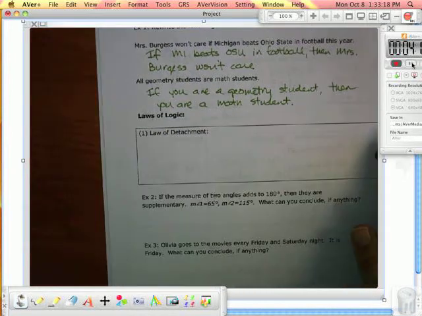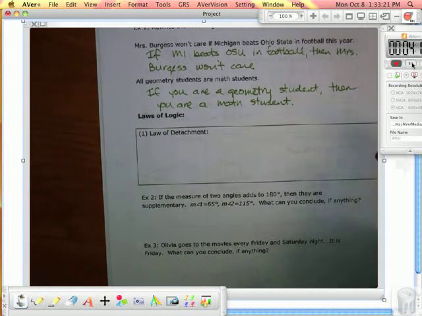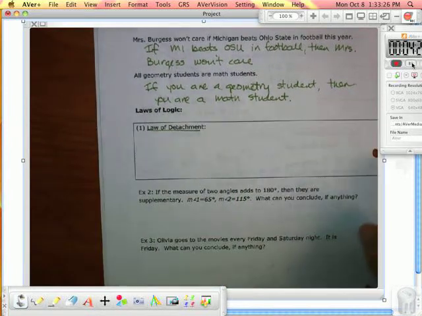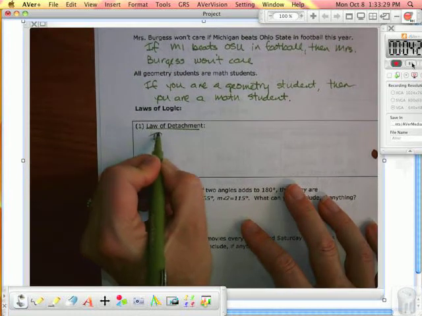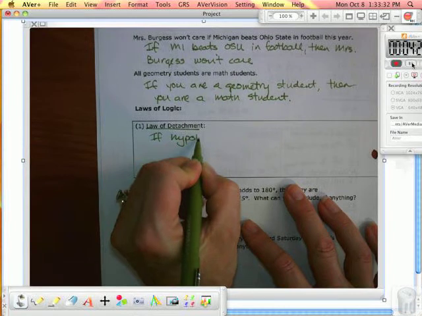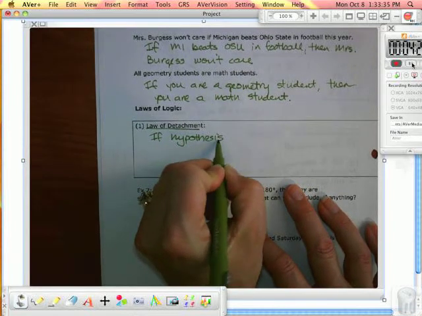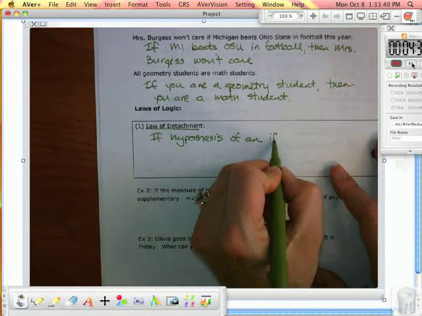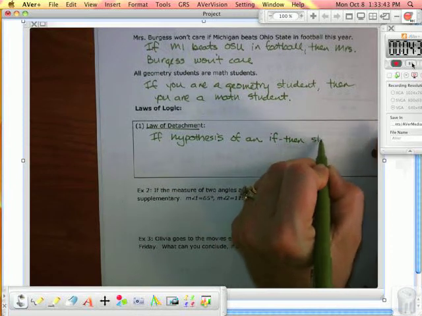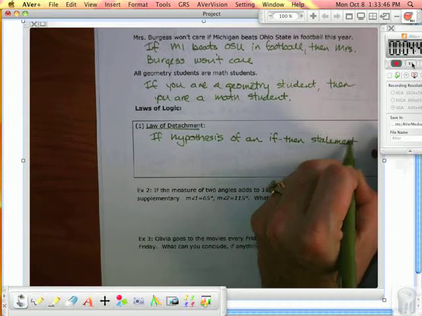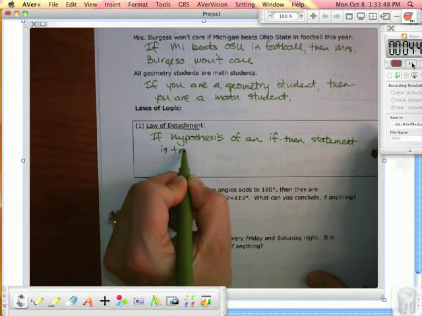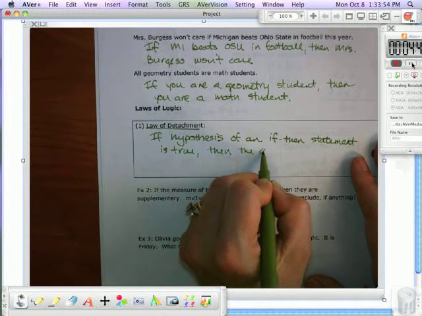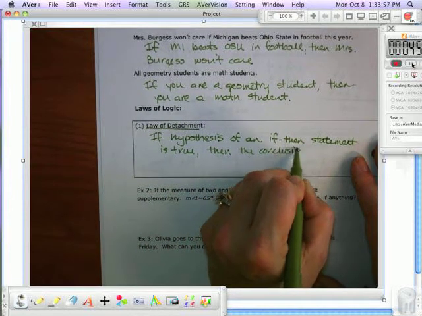All right. The law of detachment. Laws of logic. There are some laws that we have to follow in these if-then statements. If the hypothesis of an if-then statement is true, then the conclusion is also true.